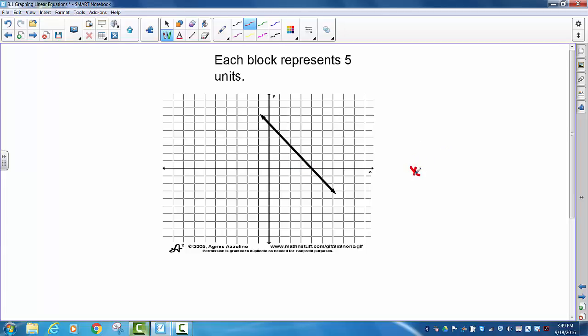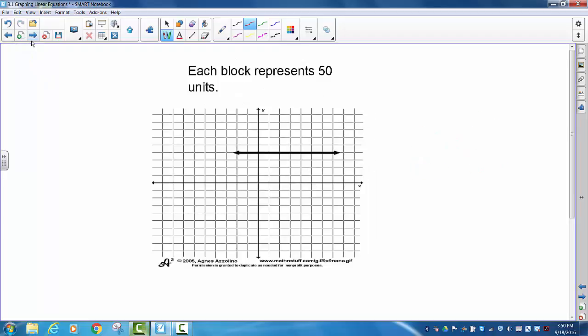So x equals 20 is the x-intercept. The y-intercept is 5, 10, 15, 20, 25, 30. Y equals 30. That's the y-intercept. The x-intercept is x equals 20.